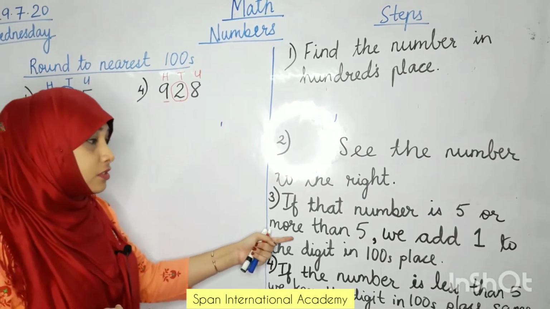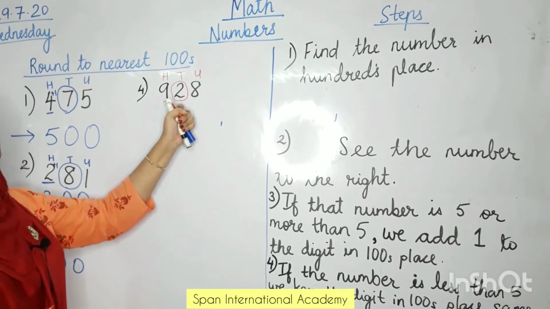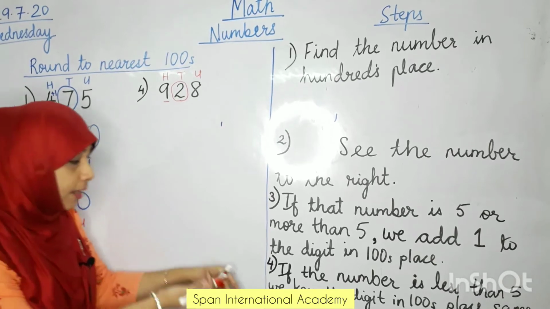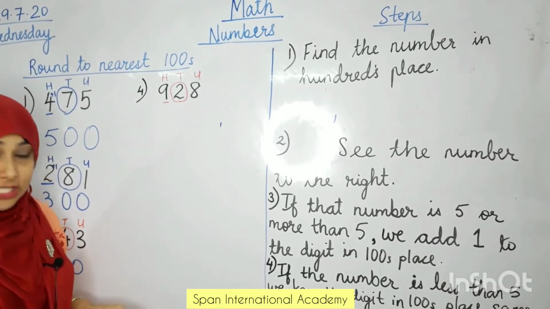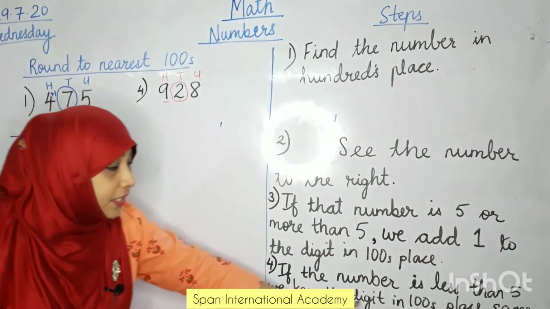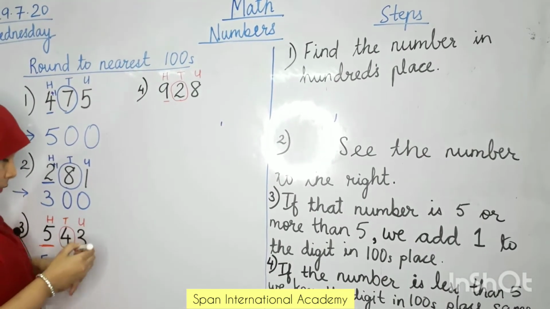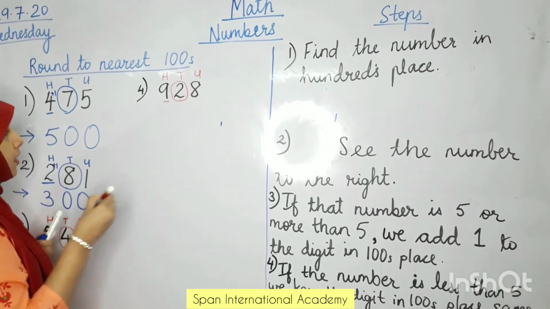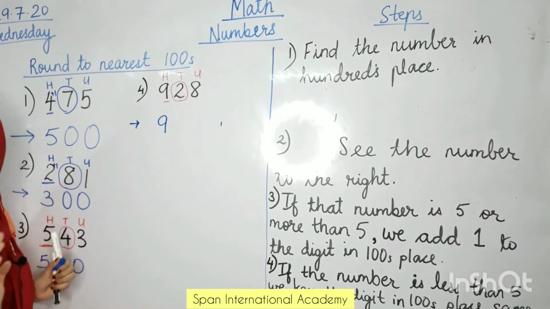My third step is talking about the number 5 or numbers more than 5. But number 2 is not 5 nor more than 5. So I come down to my step number 4. Step 4 tells me if the number is less than 5, we keep the digit in the hundreds place the same.